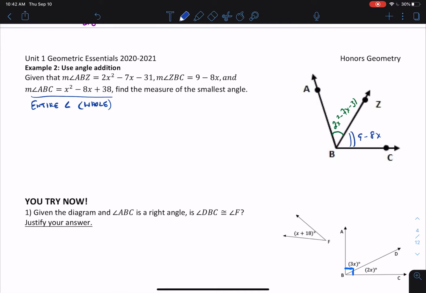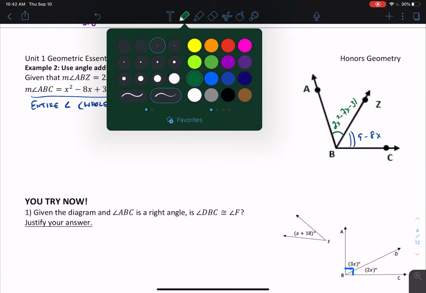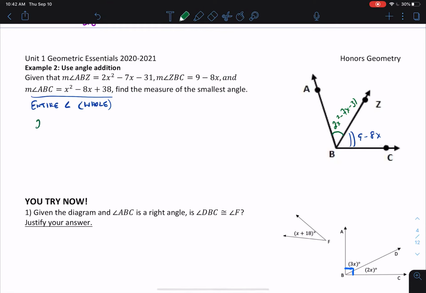So this is part plus part equals whole. The first part was ABZ, which was 2x squared minus 7x minus 31. The second part was ZBC, which was 9 minus 8x. And that equals the whole, which was x squared minus 8x plus 38.